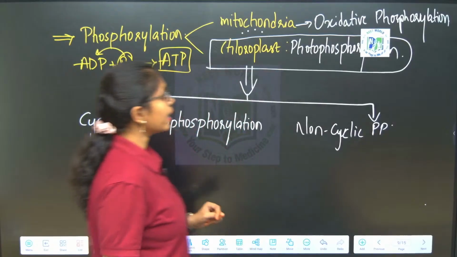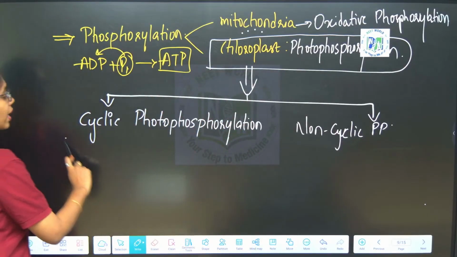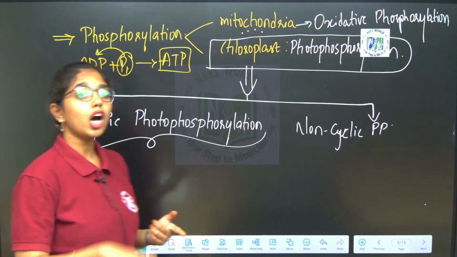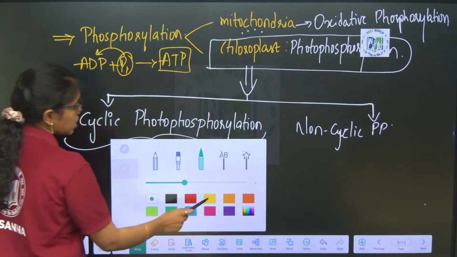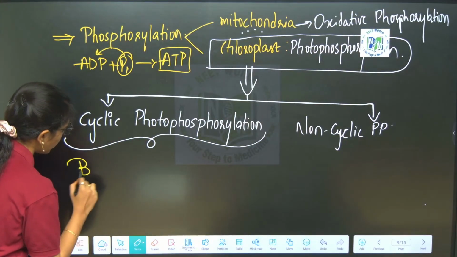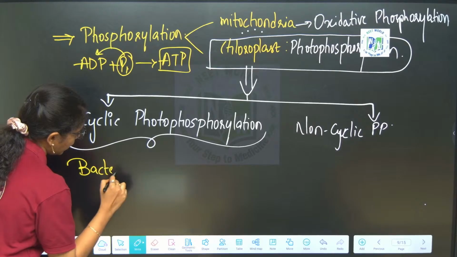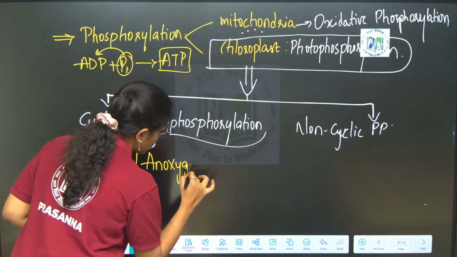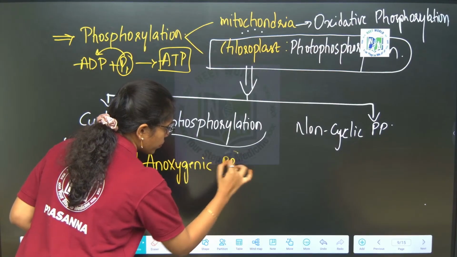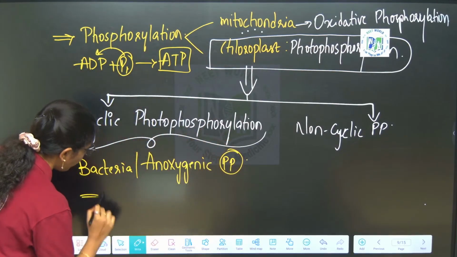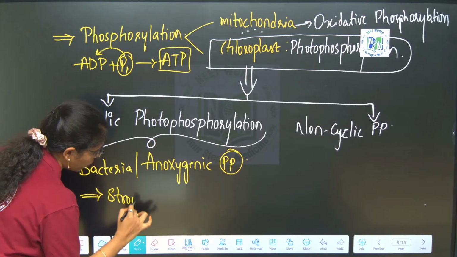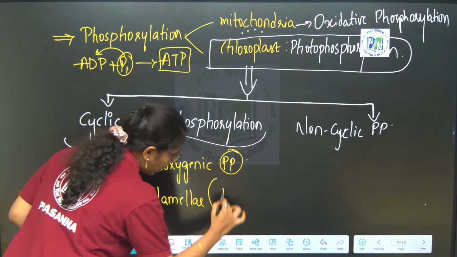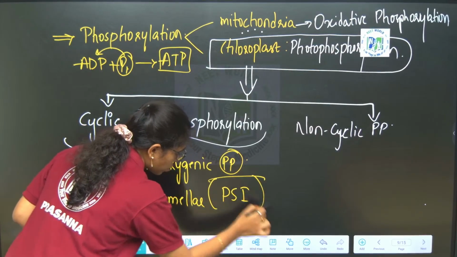Cyclic photophosphorylation will occur in bacterial photosynthesis or anoxygenic photosynthesis. Remember that. Here only stroma lamella is involved, and in the stroma lamella only photosystem 1 is present.